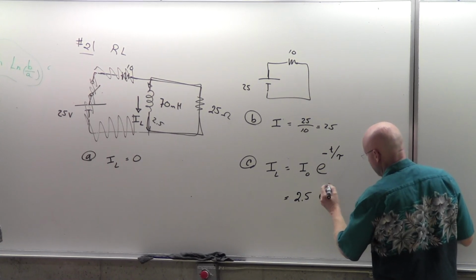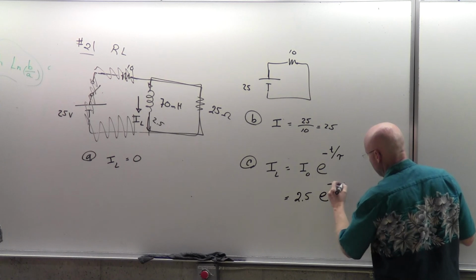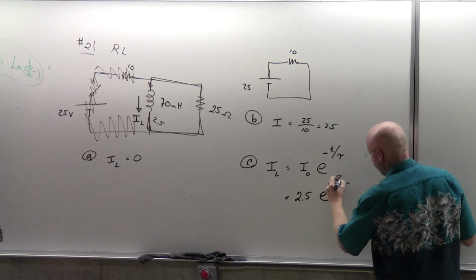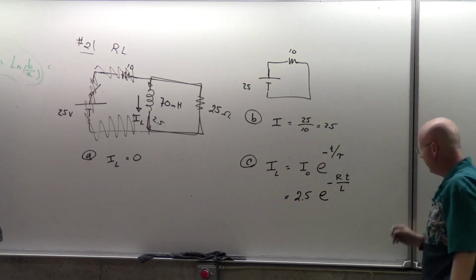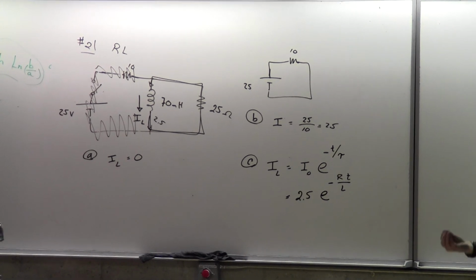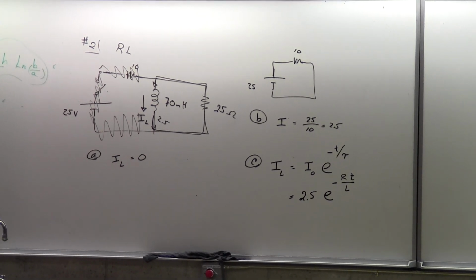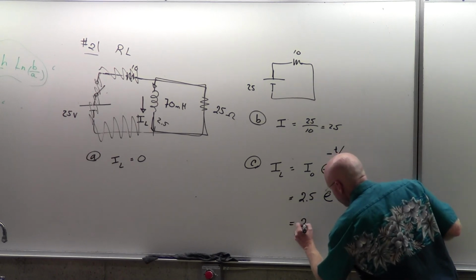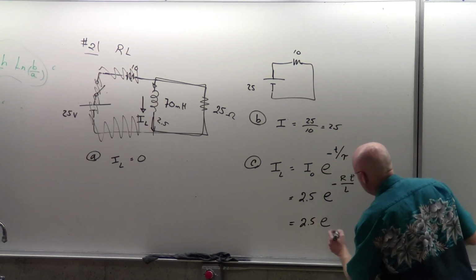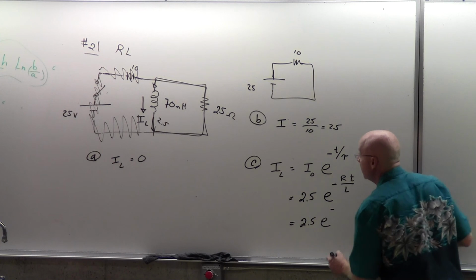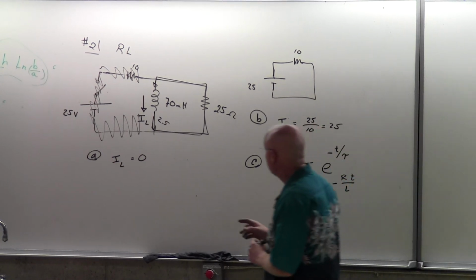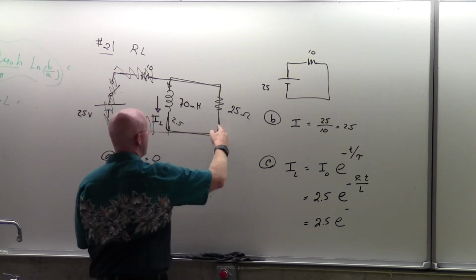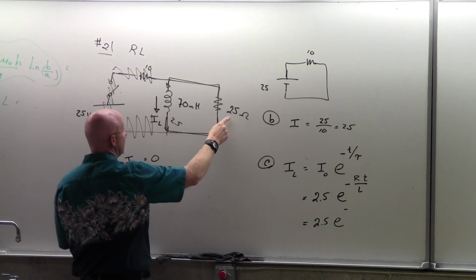And maybe I should write this as L over R for the decay constant in our inductive circuit. So this would be 2.5 times e to the minus, and in this case it's decaying away only through the 25 ohm resistor.